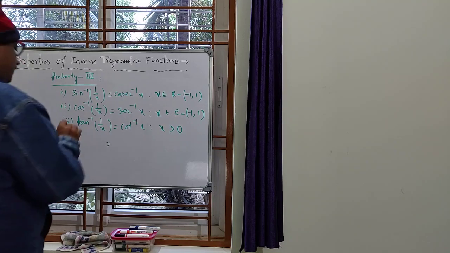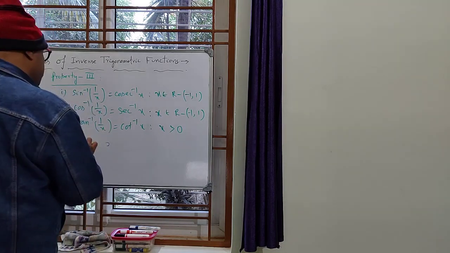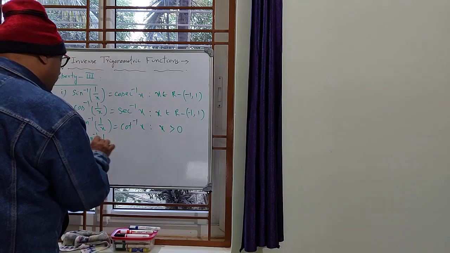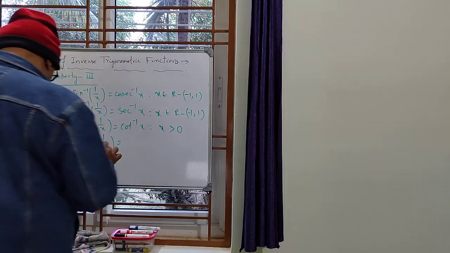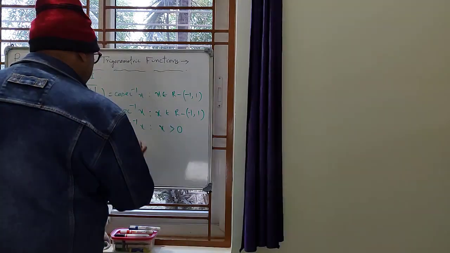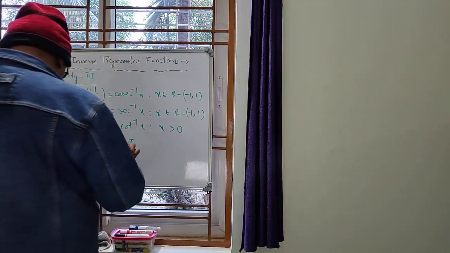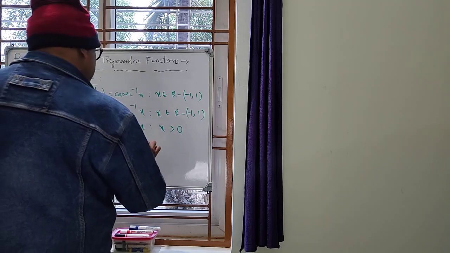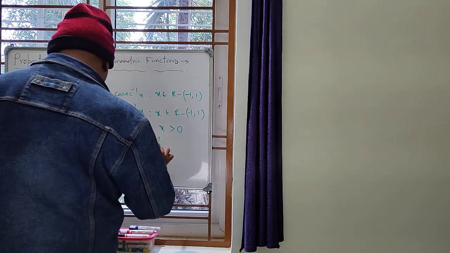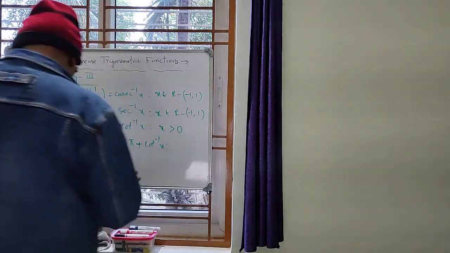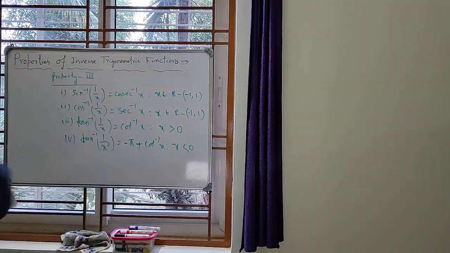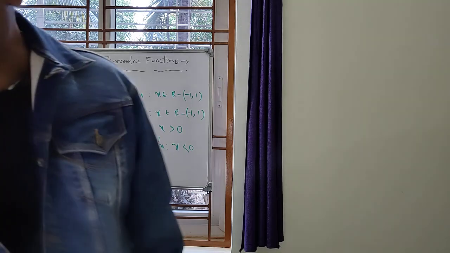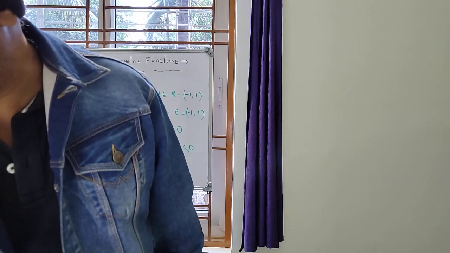Fourth one, tan inverse 1 by x equals minus pi plus cot inverse x, where x is less than 0.